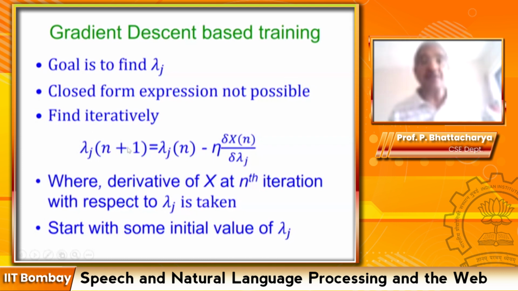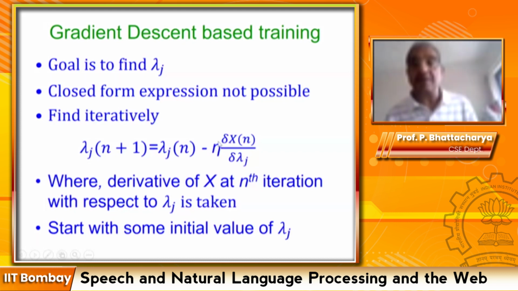You take the function which is a function of a parameter. You want to estimate the new value of the parameter. That is found out by taking the previous value and subtracting the derivative of the function with respect to that parameter multiplied by a constant. We call this the learning rate or the updation rate.